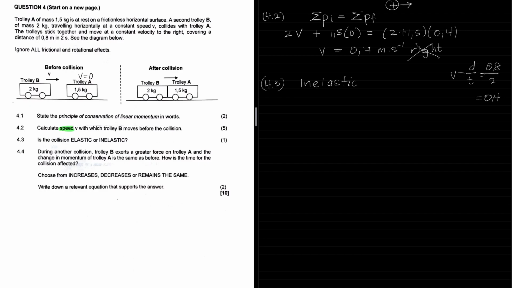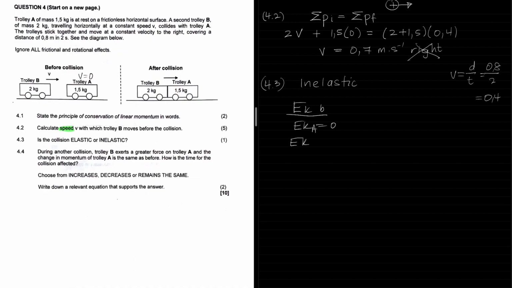Though if that's something that you didn't remember, you can of course go and calculate it, because we have enough information. I'll show it to you. You can say that the kinetic energy before, so the kinetic energy of B and the kinetic energy of A. A is stationary beforehand, so it has no kinetic energy.